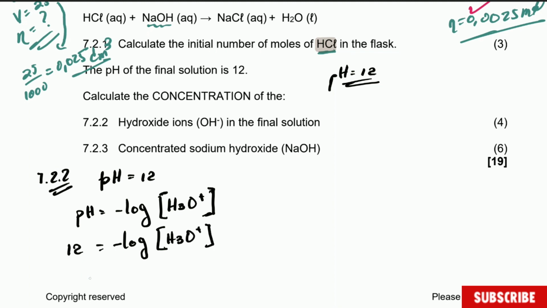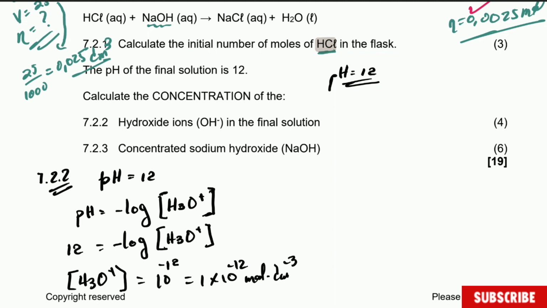Okay, so how do we calculate the concentration of H3O+? In case somebody doesn't know, you say 10 to the power negative 12, the minus 12, and this will give you 1 times 10 to the minus 12. That is mole per cubic decimeter, because it's concentration that we are calculating here.